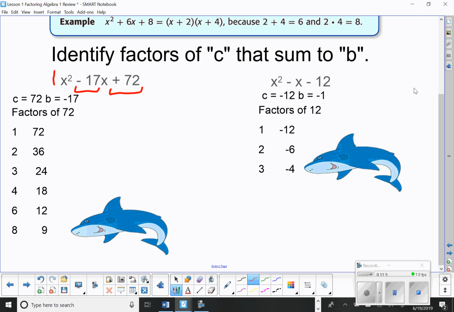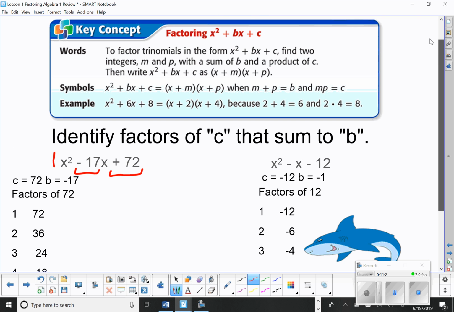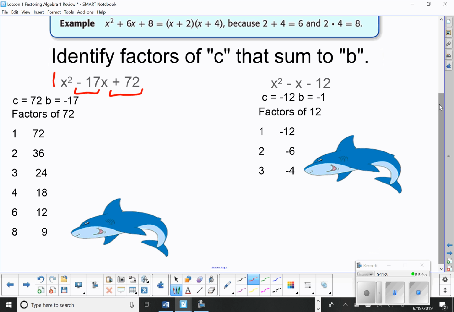Remember that the standard form of a quadratic is ax squared plus bx plus c. So, I need factors of 72 that will add up to negative 17.